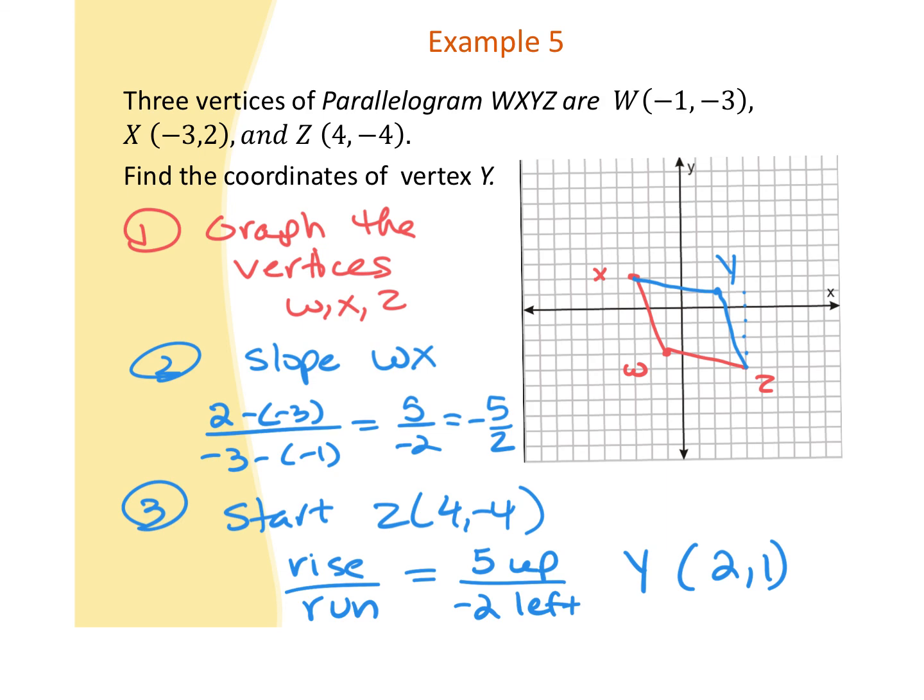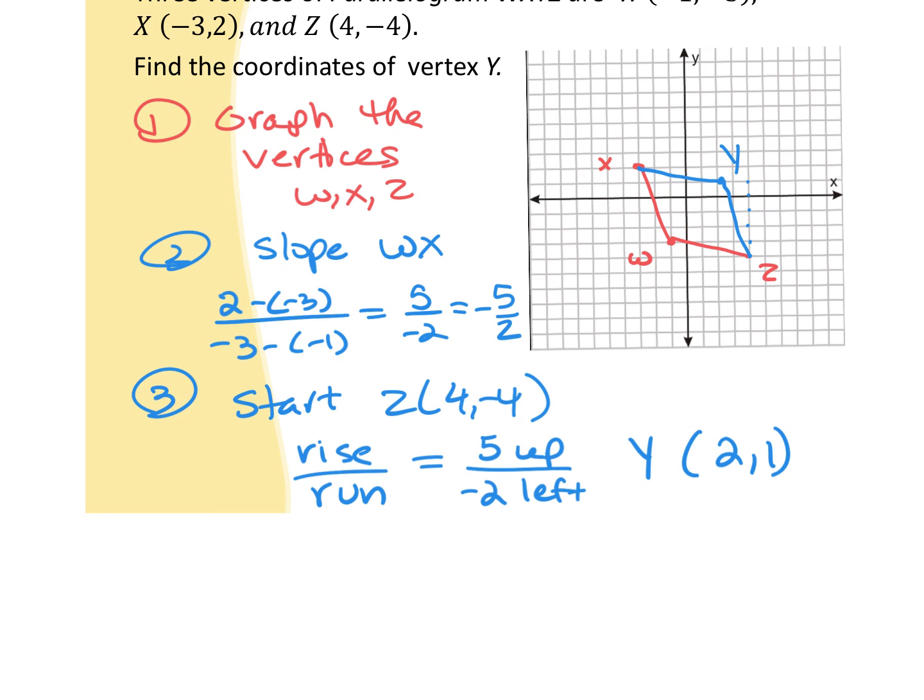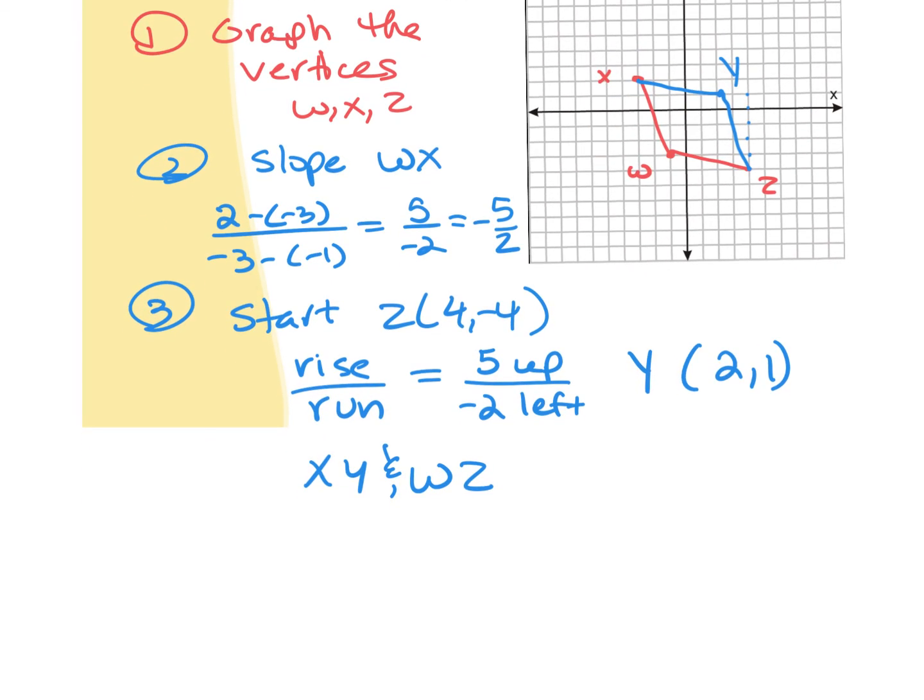Now, just to confirm, I can go back and find the slopes of XY and WZ to see if they're the same. If I quickly do the slope of XY, 1 minus 2 over 2 minus -3, that's -1 over 5, which is -1/5.